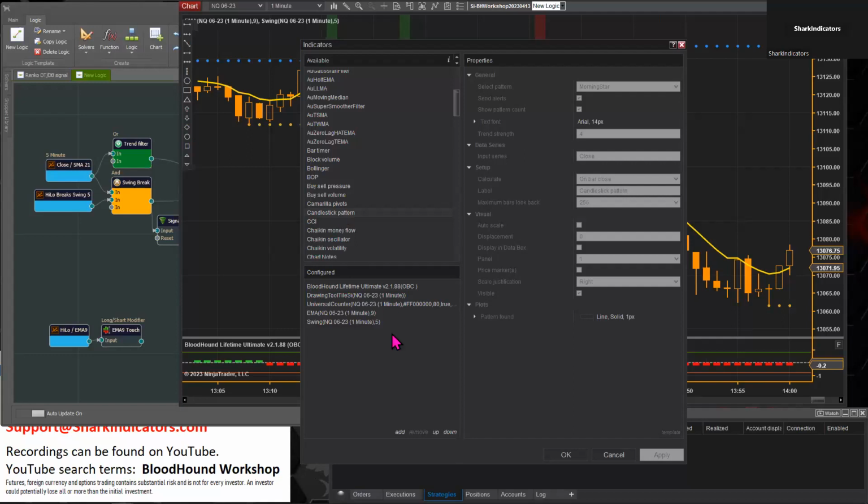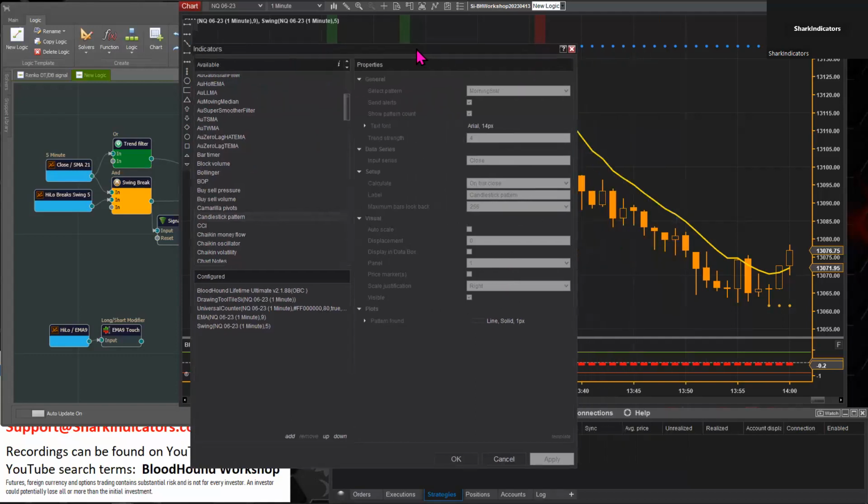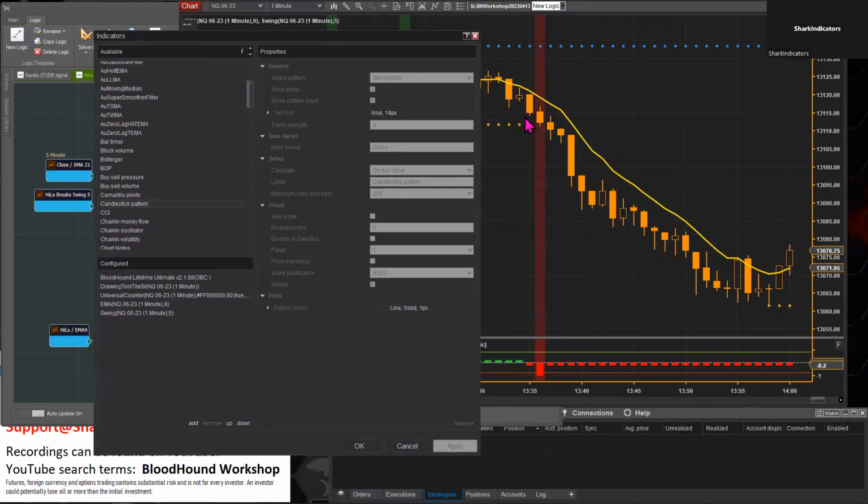BloodHound is not the indicator that finds all this stuff. That's the analogy I like to use. So once you want to allow for all these variations, you're getting into the realm of probably needing a custom indicator to do some of that heavy lifting and complex analysis. That's what indicators do: they allow for those variations.